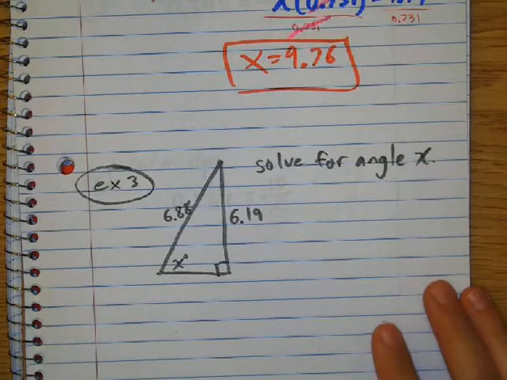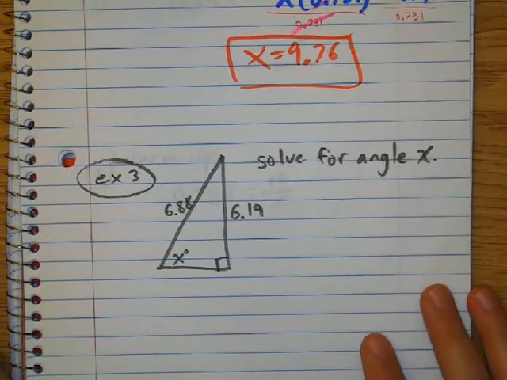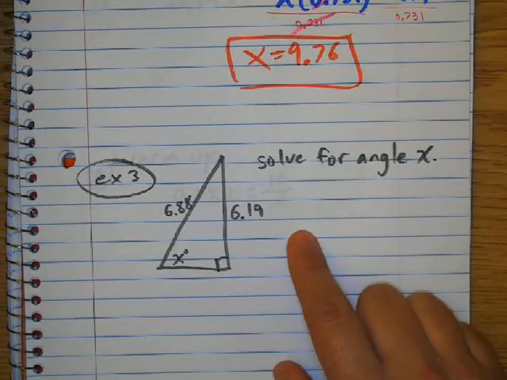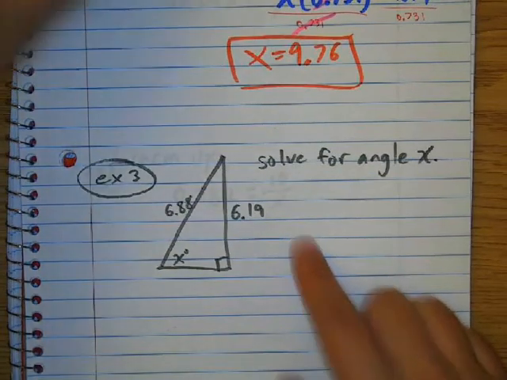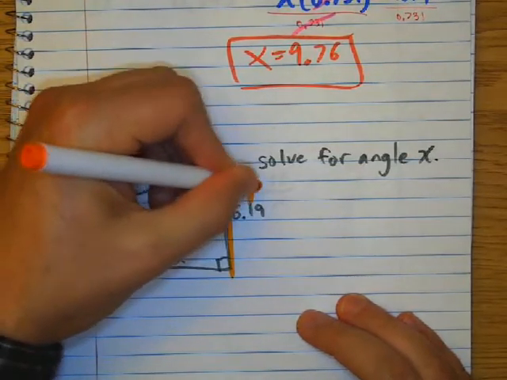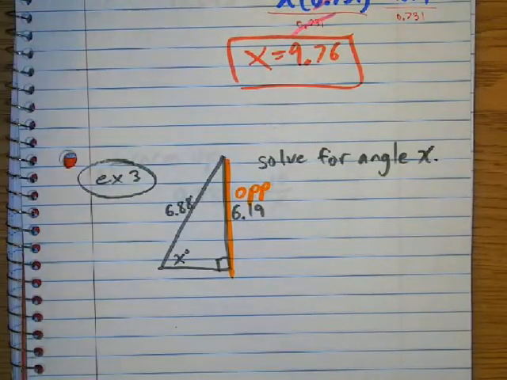Okay, now a slightly different situation. We want to find the angle this time instead of the side. So just like before, we've got the opposite side and we've got our hypotenuse.